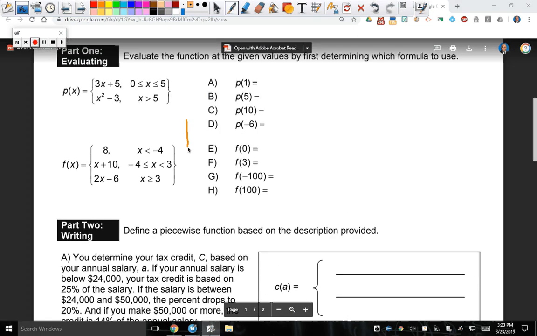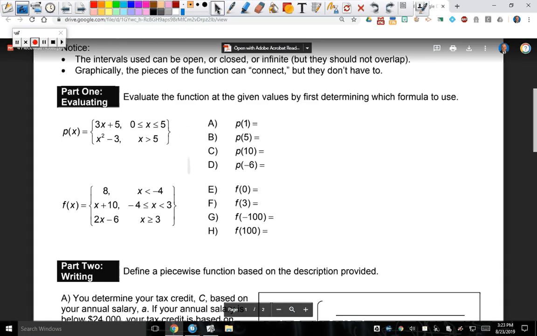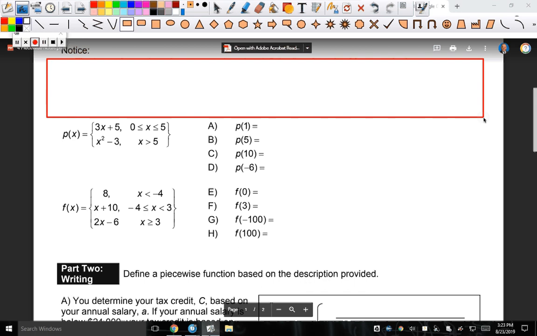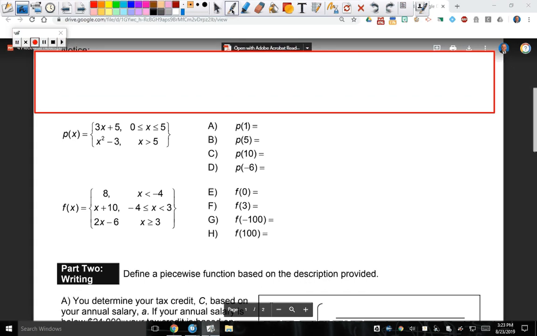What we're going to do now is see how do we read these things with numbers. Okay, so, first of all, we need to look at the domain that's established for these graphs. We have one between 0 and 5, and the other one that's bigger than 5. You may need to do this on your homework. If you do, it will make things easier for you, okay?